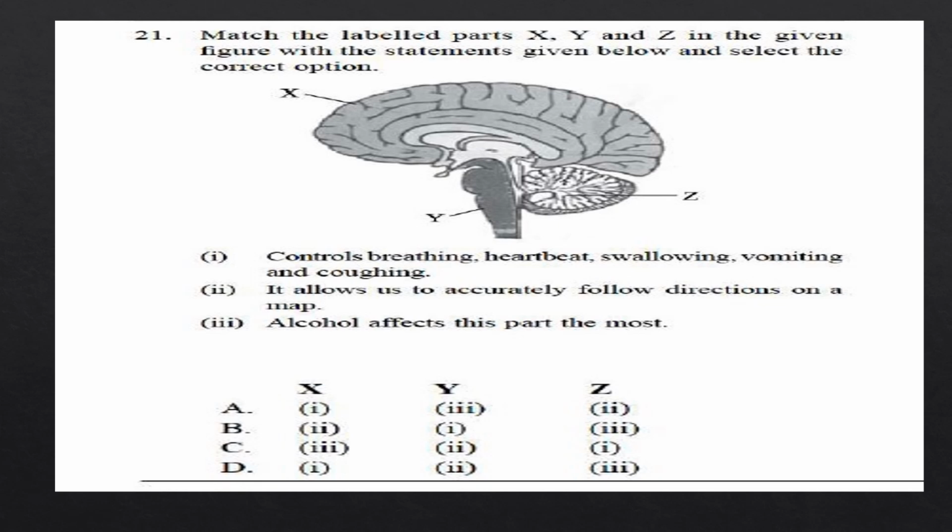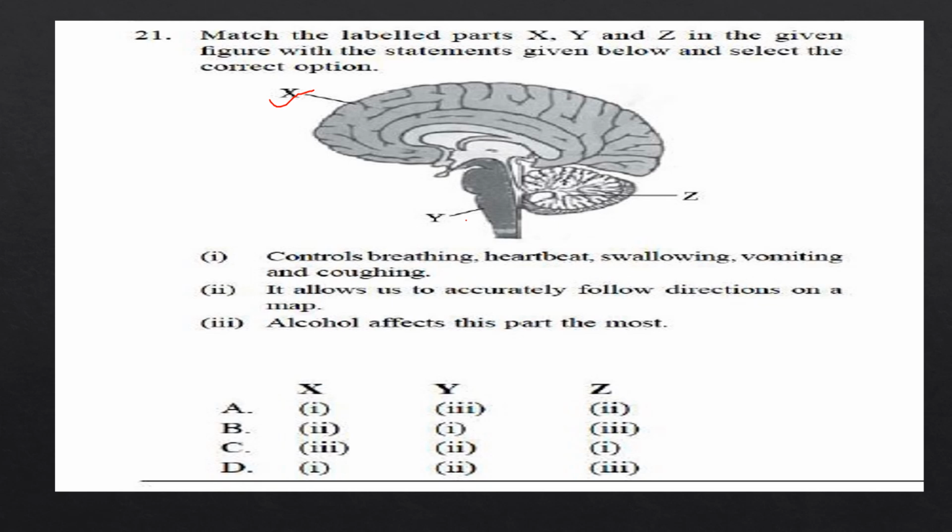It allows us to accurately follow direction on a map. 3. Alcohol affects this part the most. Here X is cerebrum, Y is pituitary gland and Z is cerebellum.